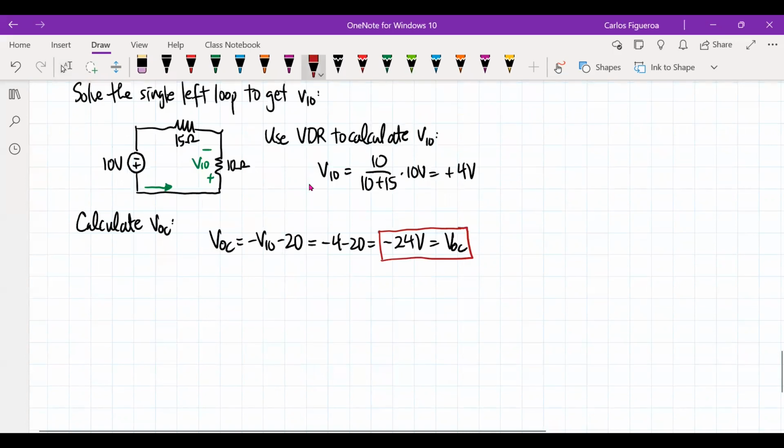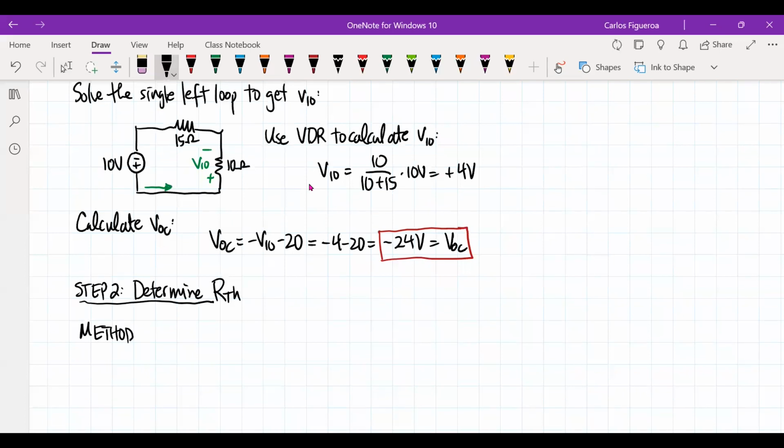Okay, so now here we go. So now we're going to go to step 2, and we want to determine RTH. And we're going to use two methods. So the first one I'm going to use is method 1. And in method 1, what you do here is that you have to deactivate all sources.